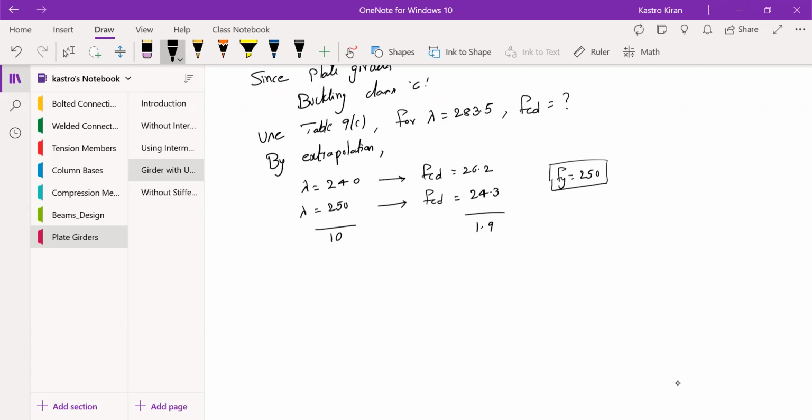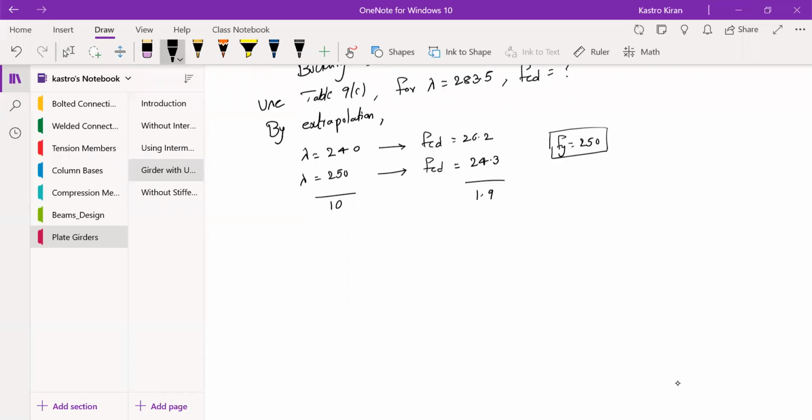So the first thing is to calculate the differences. Now, for a lambda difference of 10, the value of FCD difference is 1.9. Just remember this value.